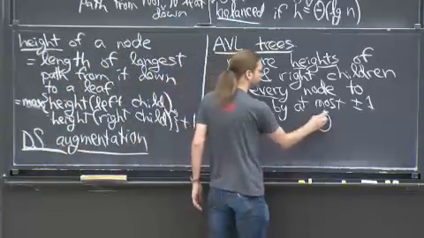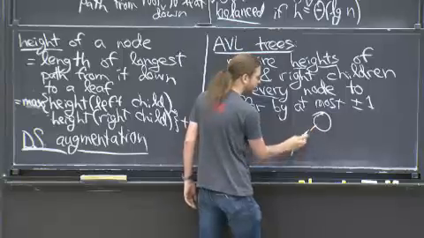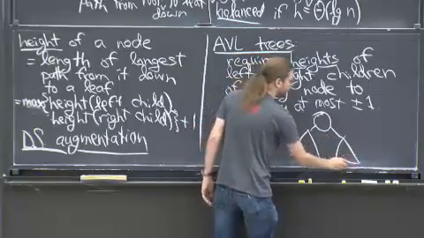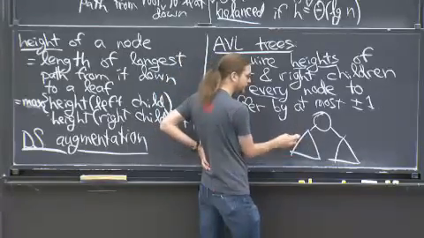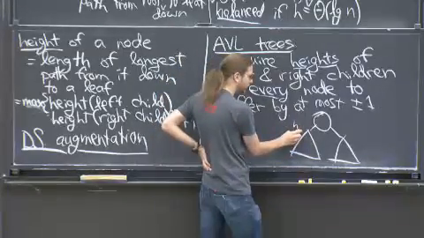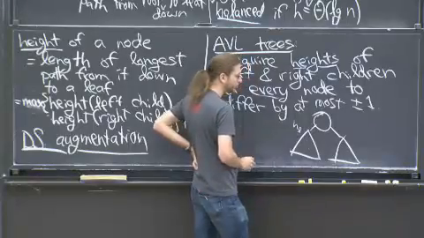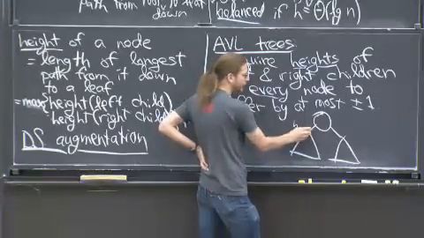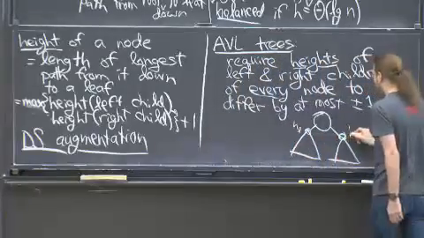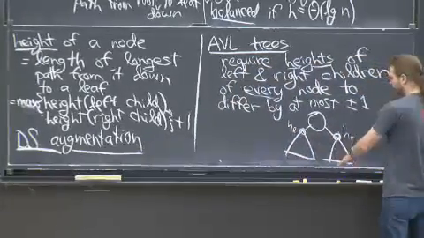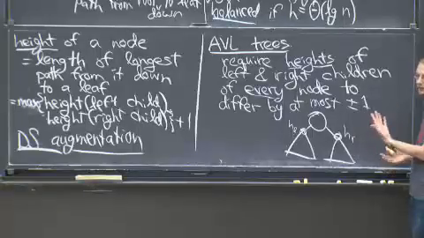So if we have a node, it has a left subtree and a right subtree, which we traditionally draw as triangles. The left subtree has a height, call it H_L for left. By the height of the subtree, I mean the height of its root. And the right subtree has some height, H_R. I've drawn them as kind of the same, but in general, they might be different.